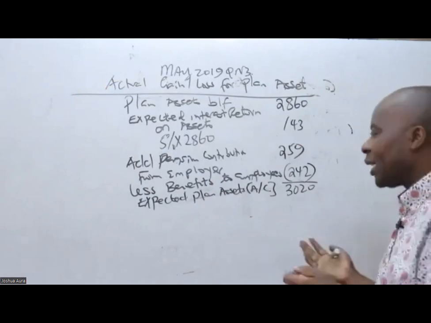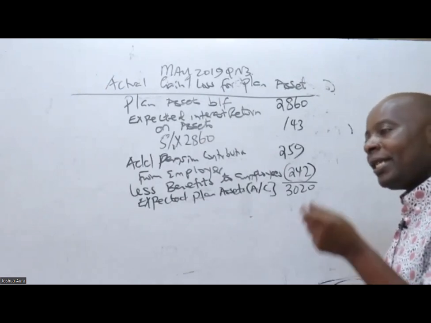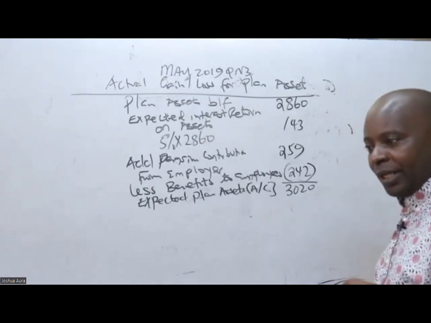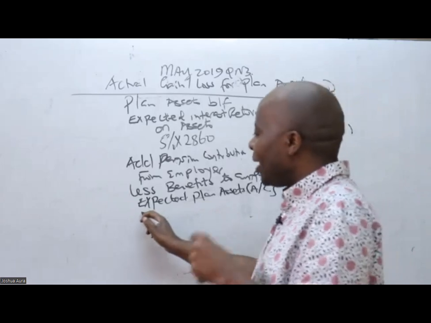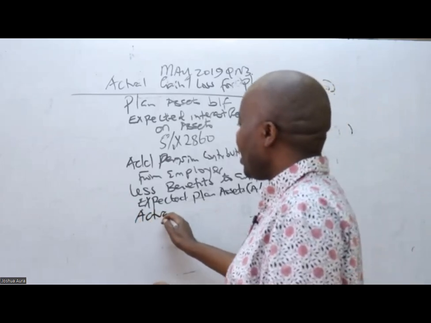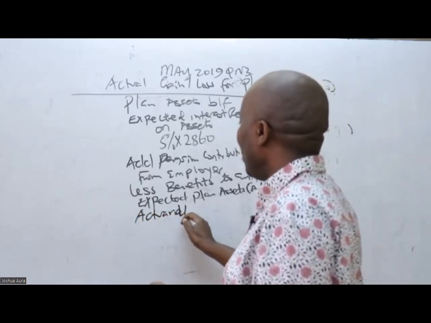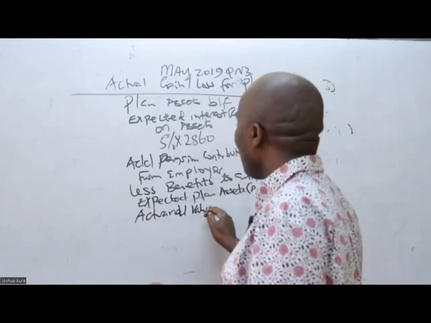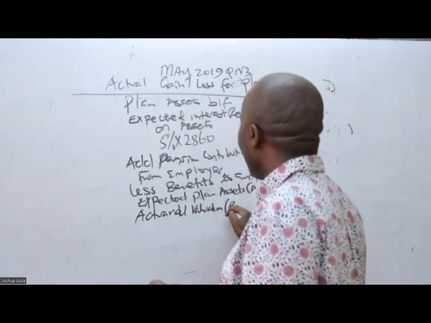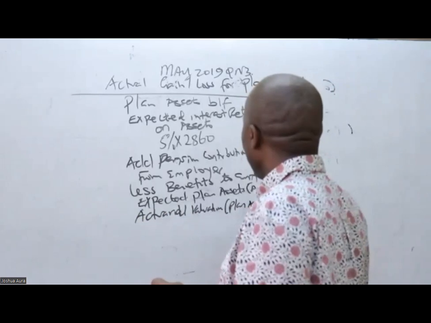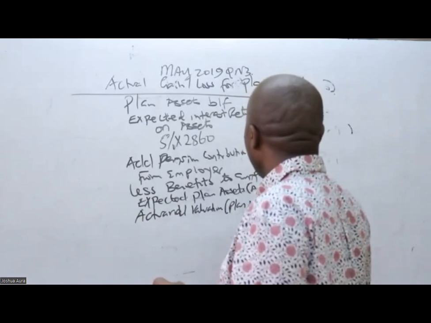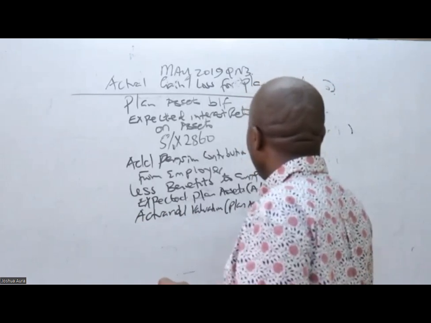This is what I expect as an accountant, but here we have an actuarial valuation, the guys we trust. So this actuarial valuation is the plan asset carried down.